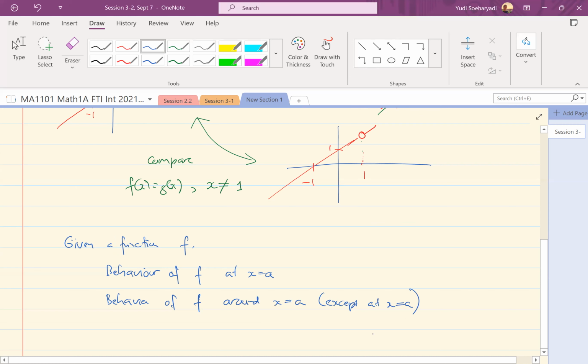Okay, so what I would like to do with these two notions, the key is at and around.